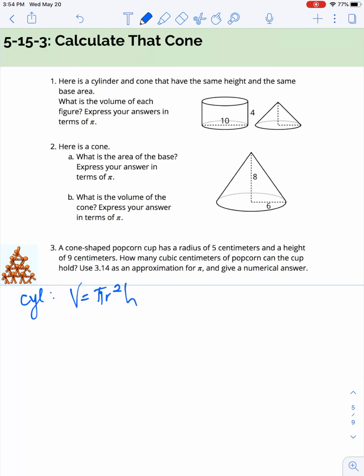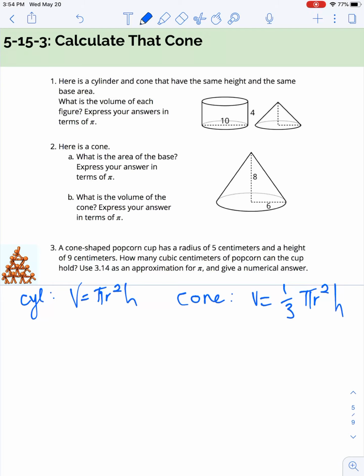And for the cone, volume equals 1/3 of pi r squared h. It makes more sense to find the cylinder first, because for the cone you just multiply it.